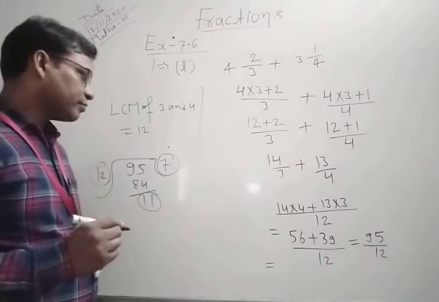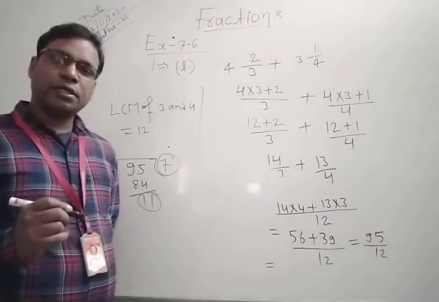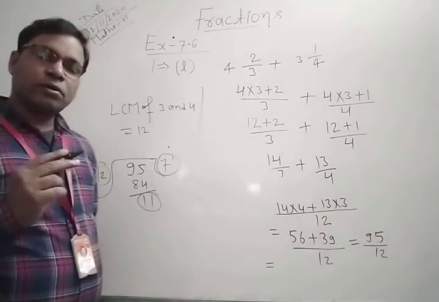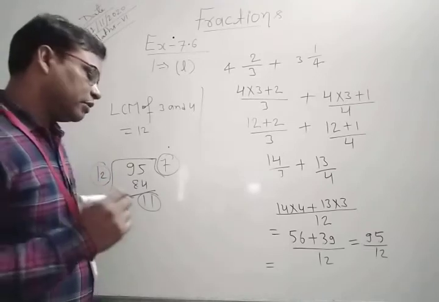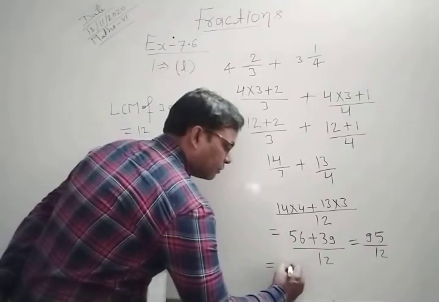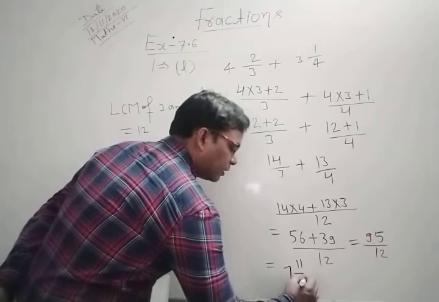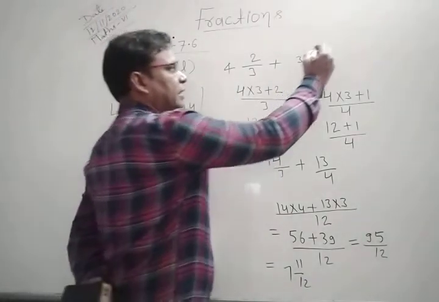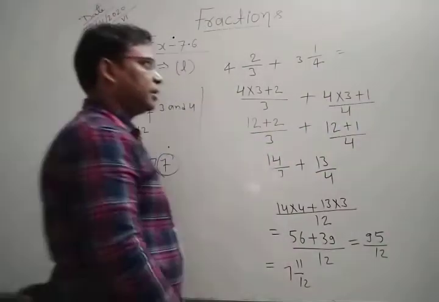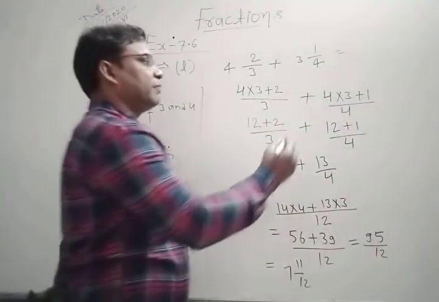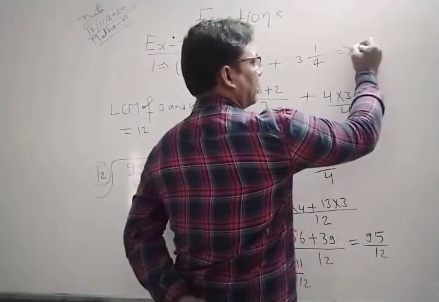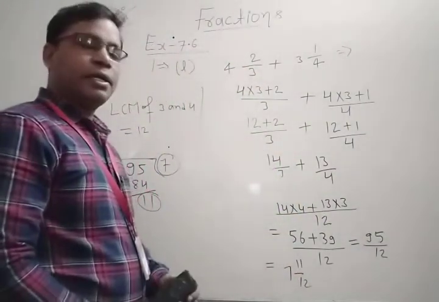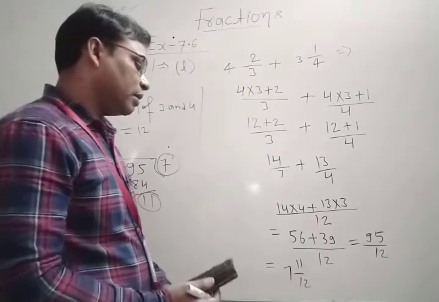Mixed fraction is equal to quotient, remainder by divisor. So you can write here 7 whole 11 by 12. Clear? So also you can write that the sum is 95 by 12, or 7 whole 11 by 12.